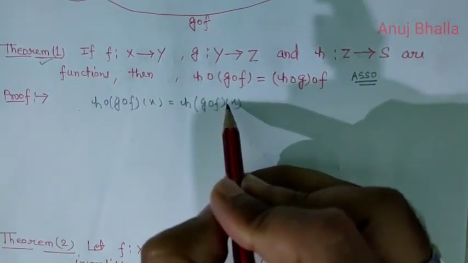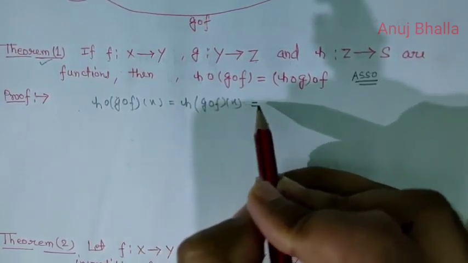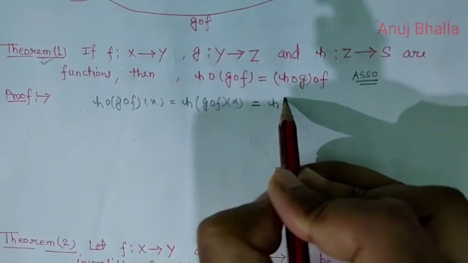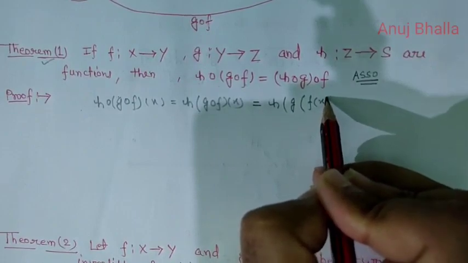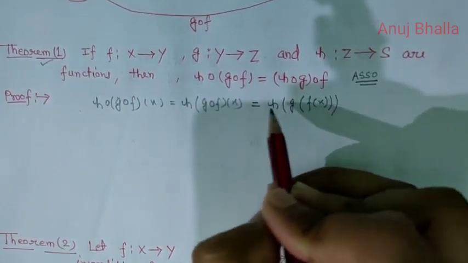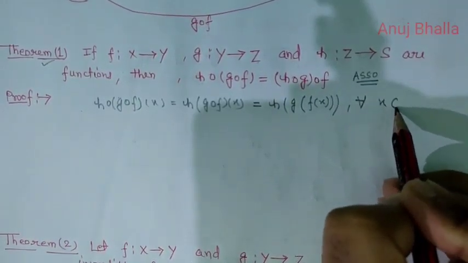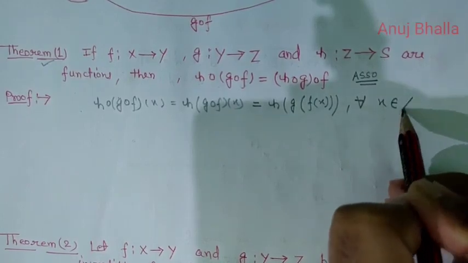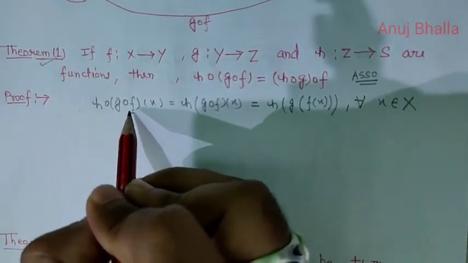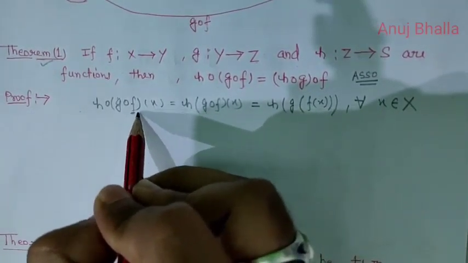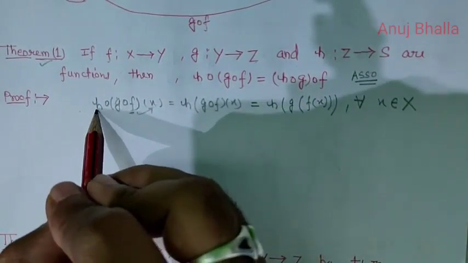Again according to the definition we can say h(g(f(x))) for all x belonging to X. As you can see, f is very close to x, and according to this we decide the domain of the function.